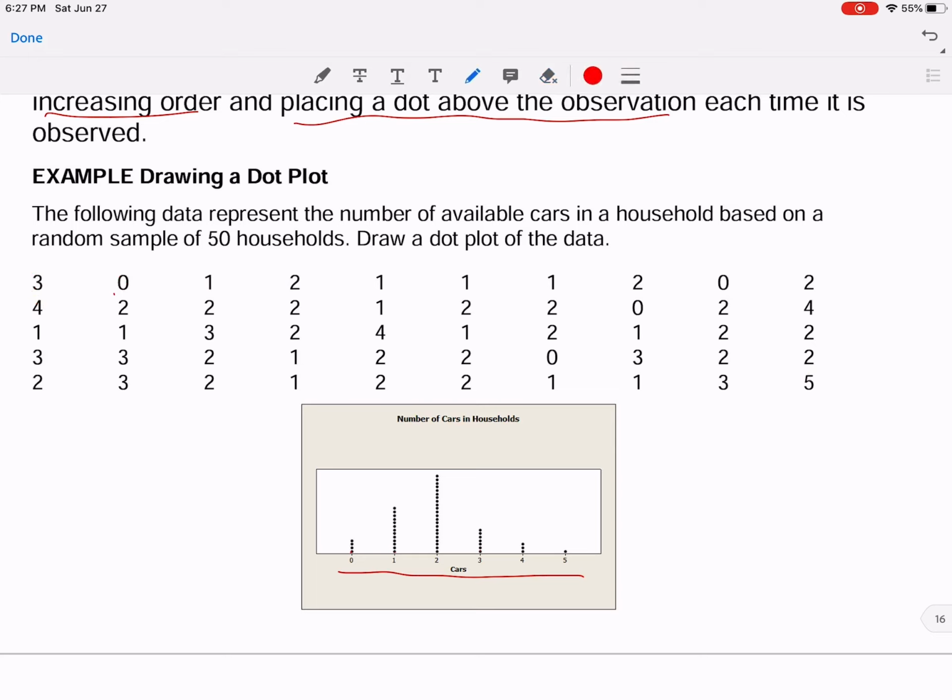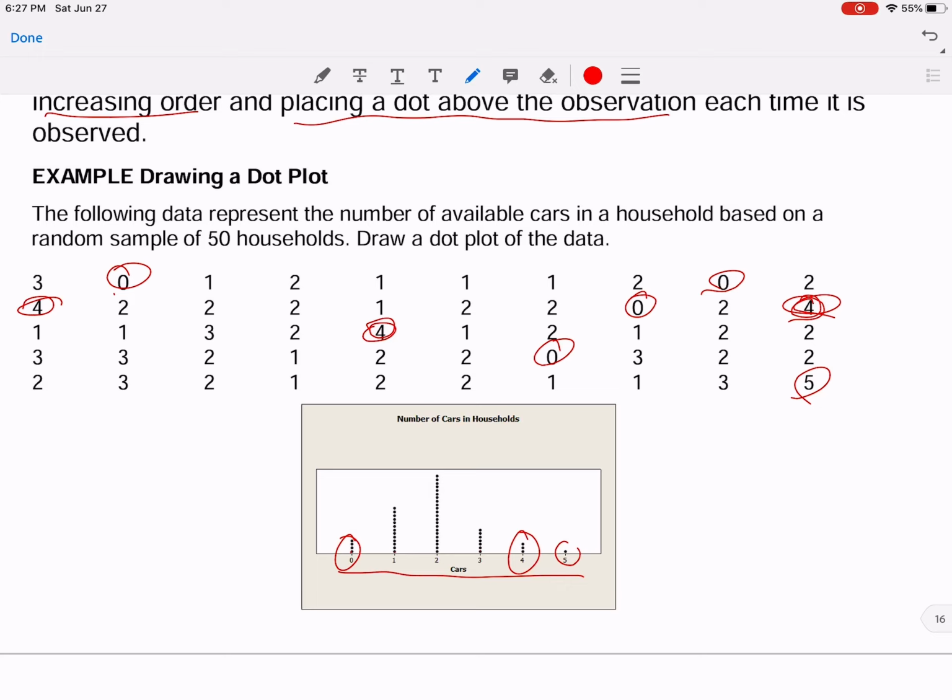So for zeros, we have 1, 2, 3, and 4. We got 4 zeros, which is the same as what we got from here. And we only have one 5. Yes, we only have one 5 here. And for the 4, we have 3 dots above 4, which means we have three 4s in the raw data. 1, 2, and 3. And so forth, it is the same.